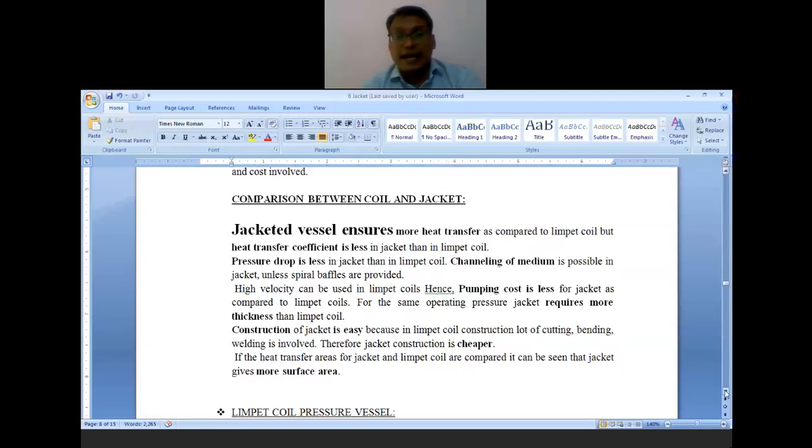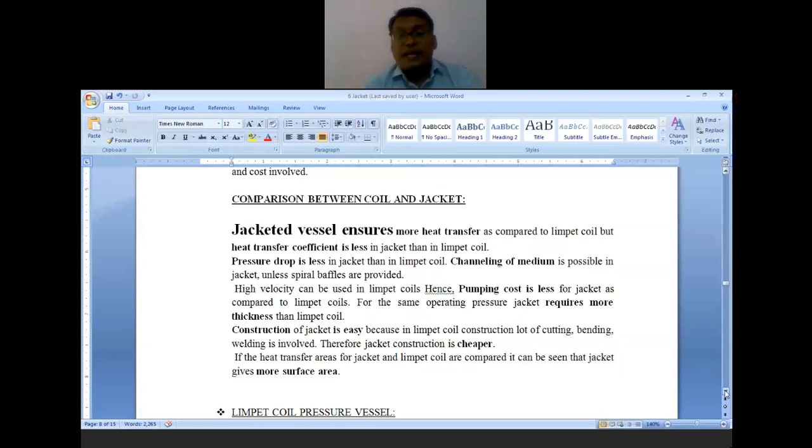Similarly, the pressure drop is also less in jackets, but channeling of the medium is also possible in the jackets unless spiral baffles are provided. Pumping cost is low as the velocity is low, so pressure drop is less, and as a result the pumping cost is also less.